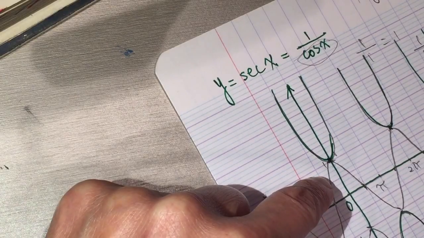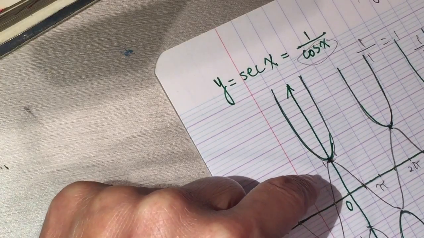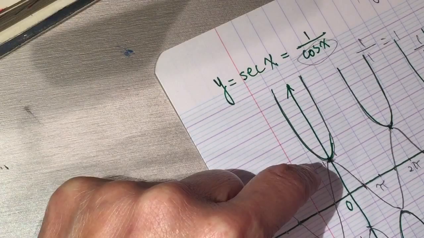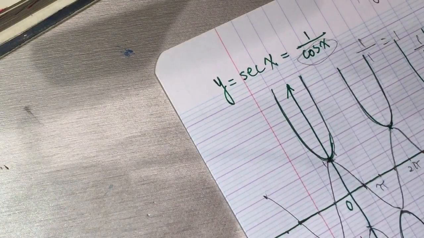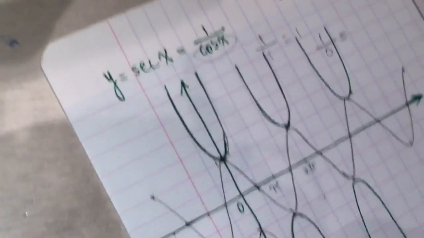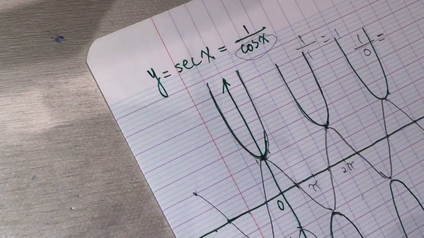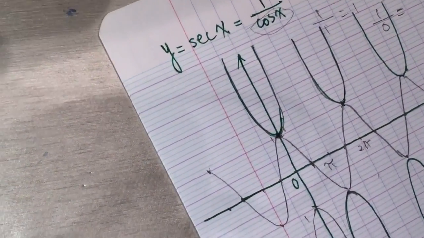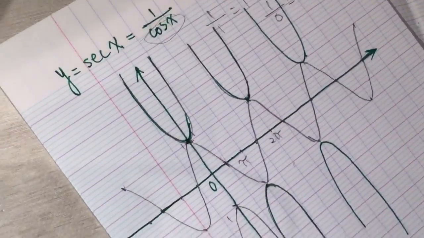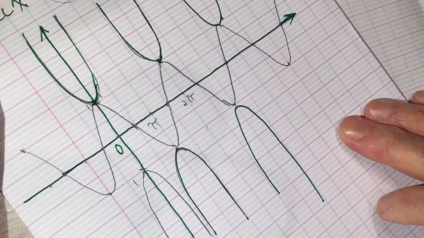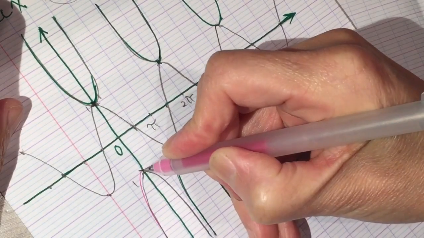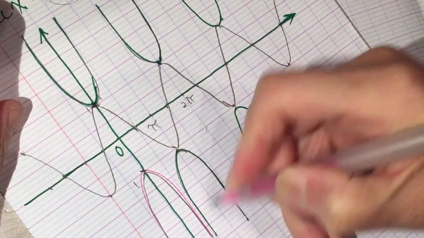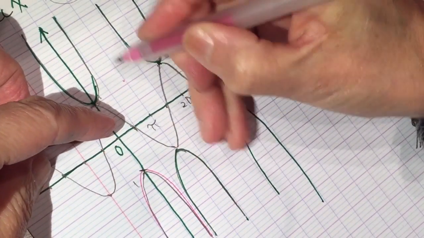So I better use another color pen. Okay, I will use the red pen to draw that y equal negative secant. I better change a little bit of this location. Okay, so it's like this. Now this one needs to go up.